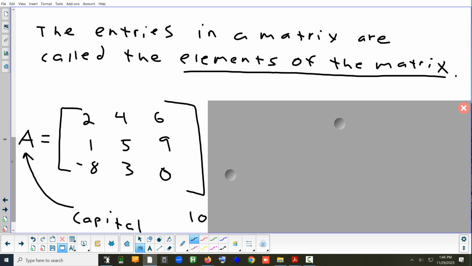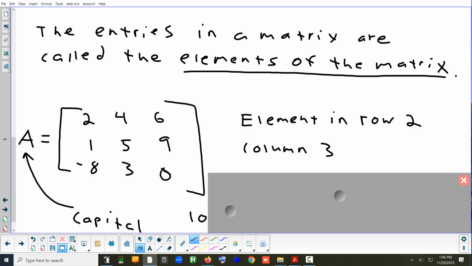Yep. Now, if you want to refer to a specific element in the matrix, okay, what element is in row 2, column 3? 9. Second row, 3rd column. Okay, so what's in that spot is a 9.